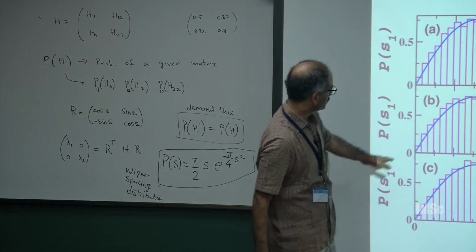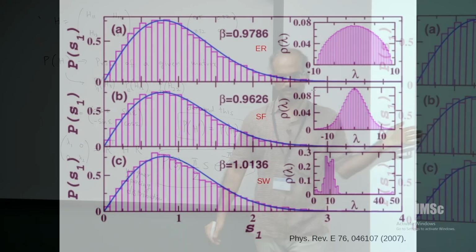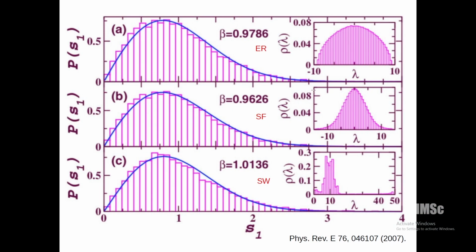And this histogram comes from the data. You take a large, say, scale free network, compute the eigenvalues, compute the distribution, and draw the histogram, which has a nice agreement with this. It works for an Erdos-Renyi graph or a small world graph and so on.